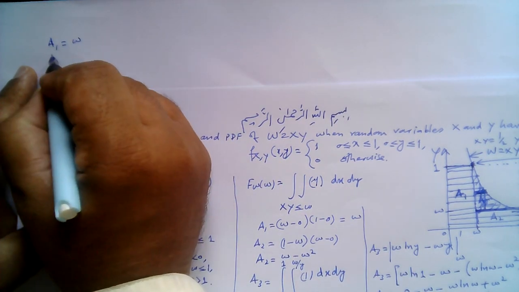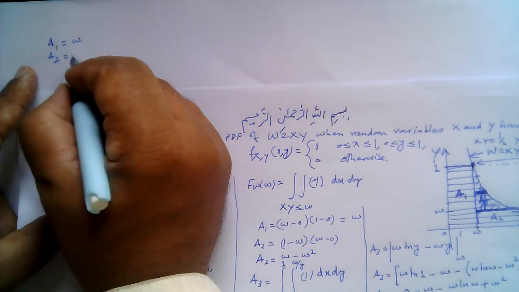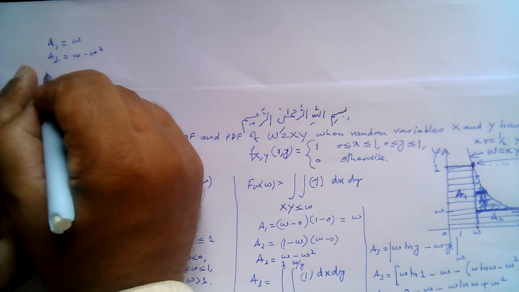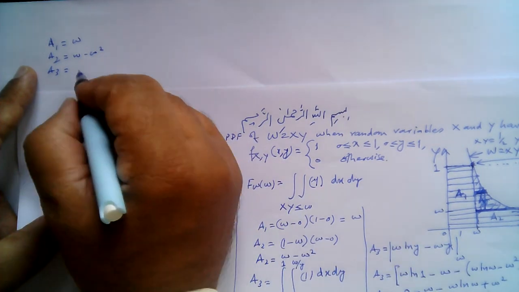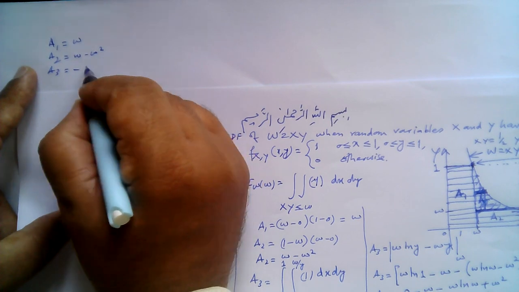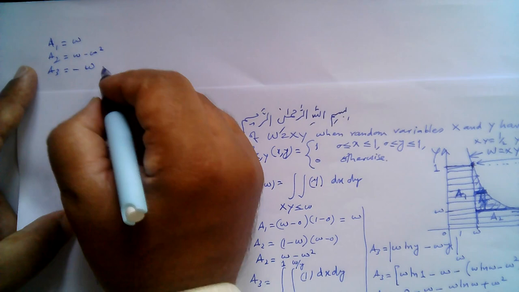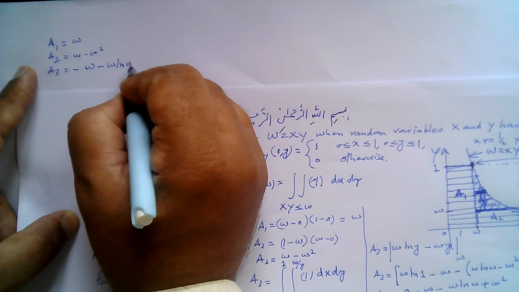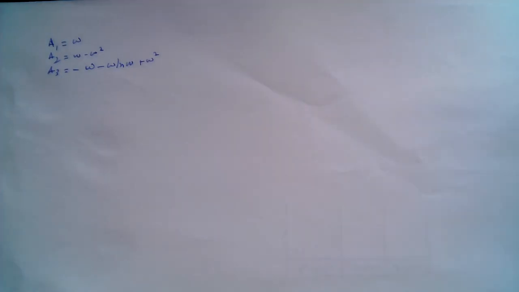We have A2, which is given by this result here, w minus w square. We have A3, which is given by the result that we obtained earlier, minus w natural log of w plus w square. So we have all these three values. We need to add them together.